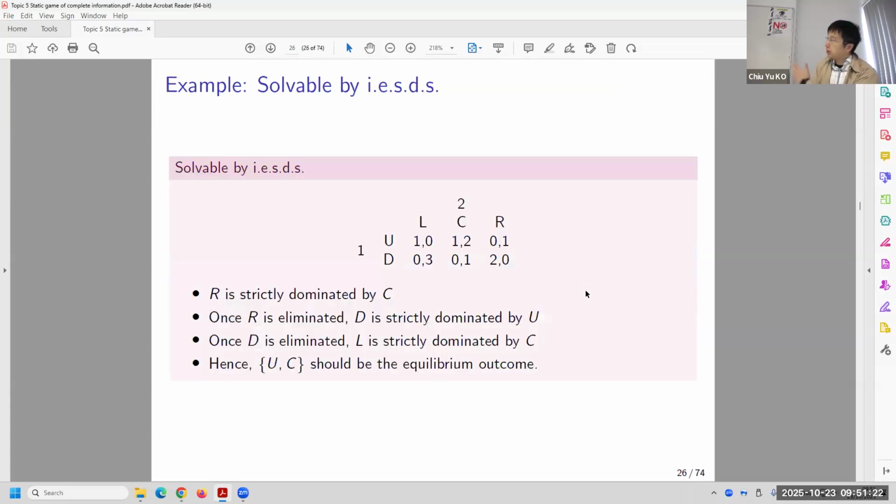So that is the idea, right? You keep deleting stupid strategies until there's one left over, and then there's one prediction. This prediction is only a good one if you think players 1 and 2 are smart enough. If 1 and 2 are not smart enough, then this is not a good thing, right?